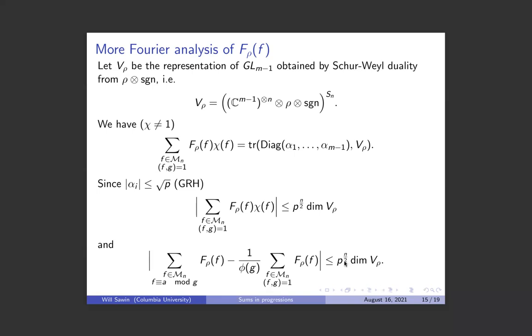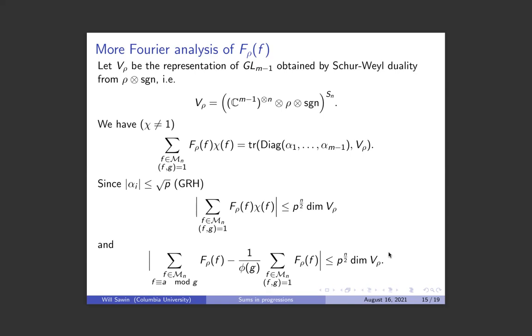It's of size roughly the square root of the length p to the n of the interval that we're working in. The only difficulty in this is this dimension of V rho. Depending on your choice of rho, dim V rho could be relatively large.